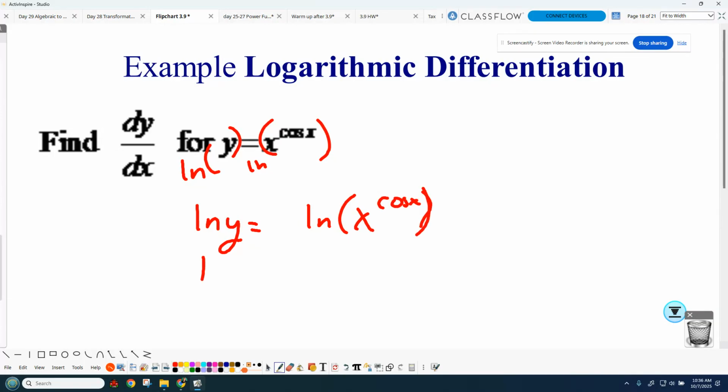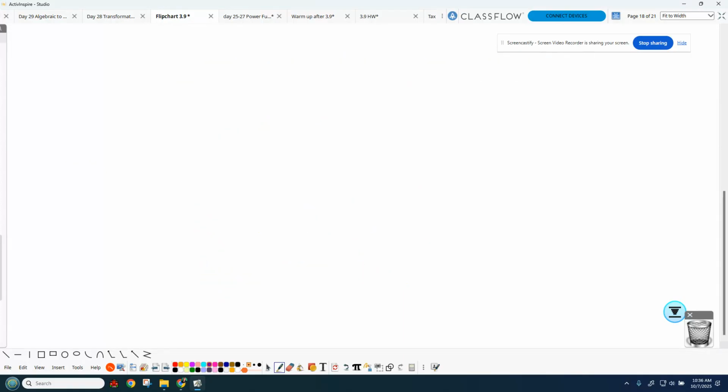And the reason we do that is we took something that was crazy and we made it product rule. And we scrolled it off the board. All right.